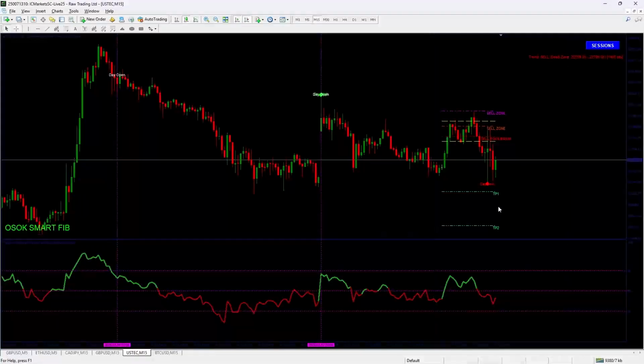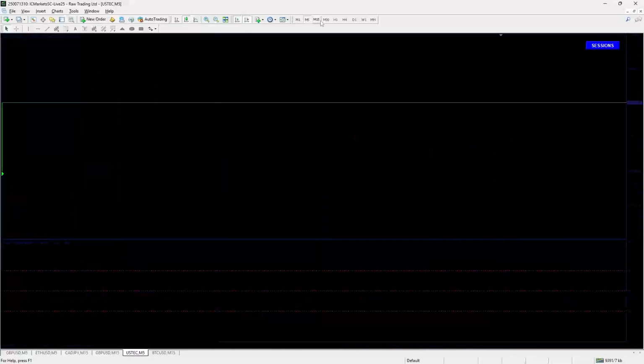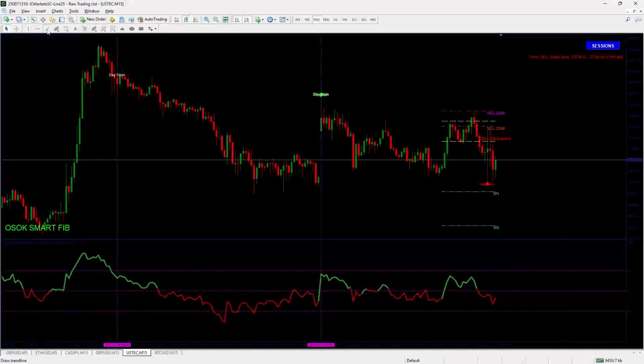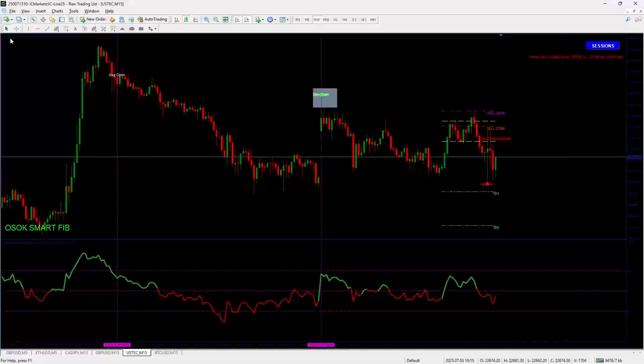As you can see here, we have US tech here. Basically what happened over here is that it's also at a place whereby if you look, the day open is here, is basically the high of the day. Price traded away from the day open and never really went close to that.